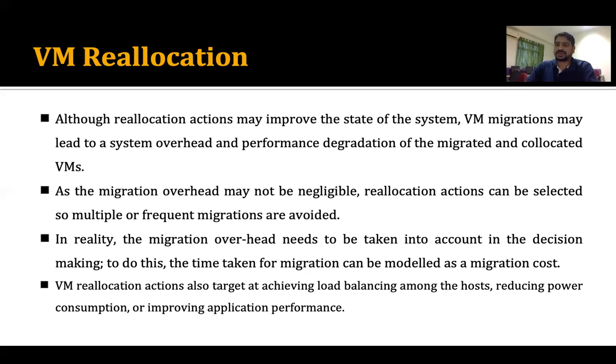Maybe one physical machine is loaded with lots of virtual machines. So we migrate the virtual machine to another physical machine, which is underutilized or not overloaded. In that way we are balancing the load, reducing the power consumption, as well as improving the application performance.